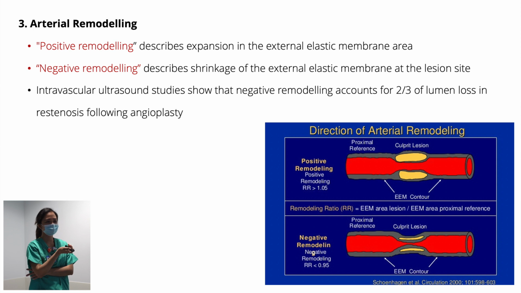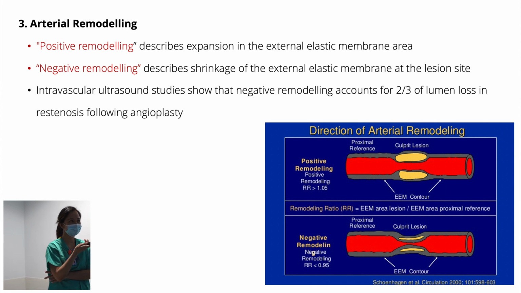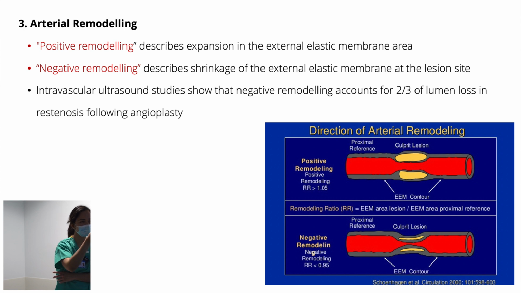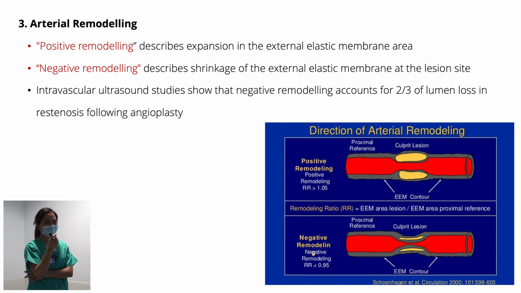So next is arterial remodeling. We have two, positive and negative remodeling. Positive is the expansion in the external elastic membrane area. You see on the picture, the upper one is the positive. You have a plaque there. The membrane expands. But in negative remodeling, the elastic membrane shrinks. That's why the lesion is tighter than usual.